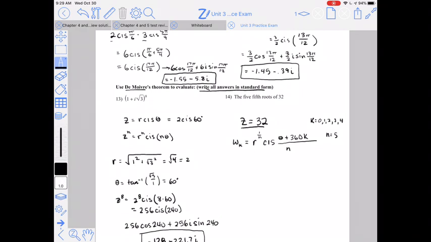And the distance, the r value, would be 32, so it's just 32 CIS 0. So we need 5 instances now of this formula. We need a root for when k equals 0. So this is going to be 32 to the 1/5, and we're going to have 0 plus 360 times 0 over 5.